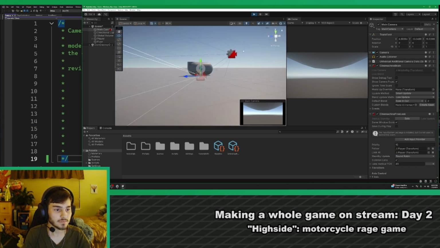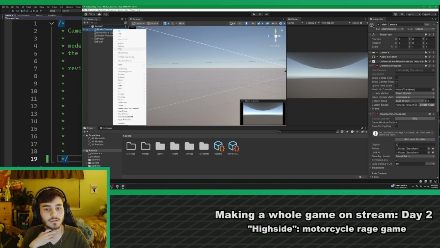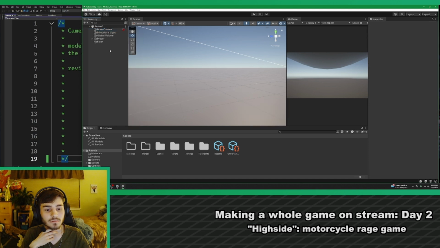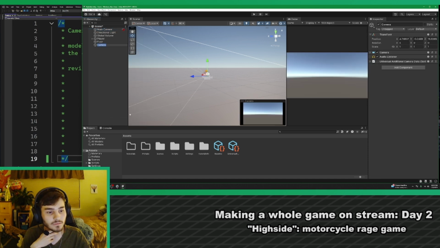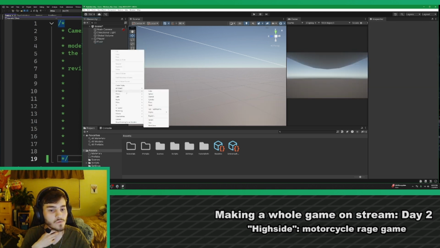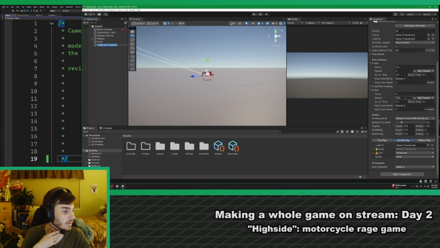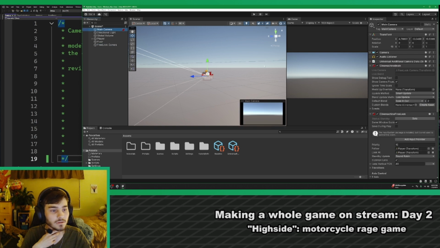Why? Is it because it's the main camera? It has that by default, yeah. Let's try making a free look camera and get the free look off of this.